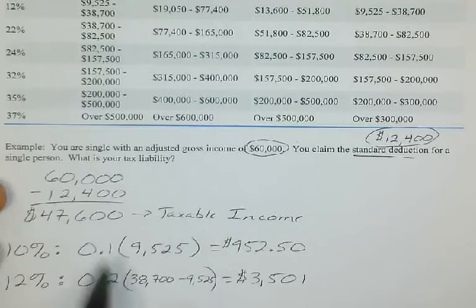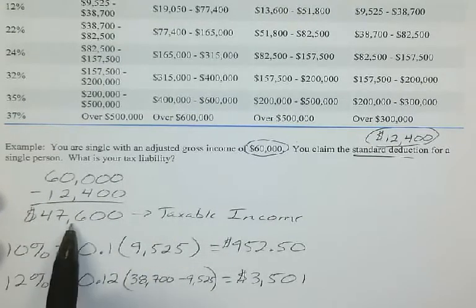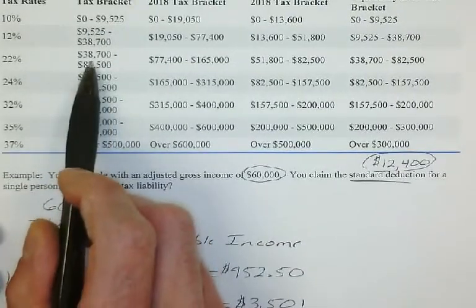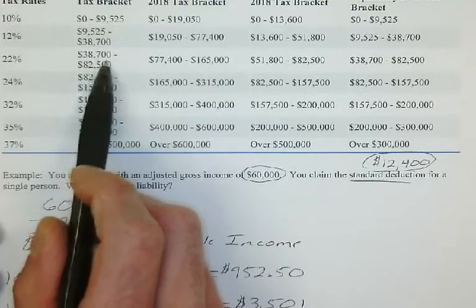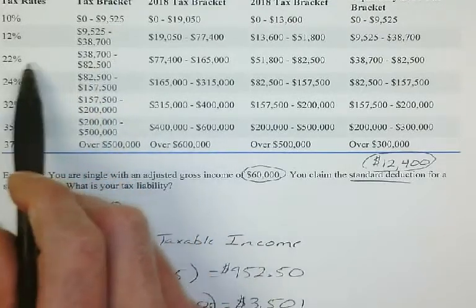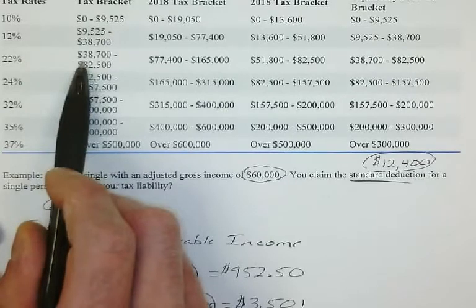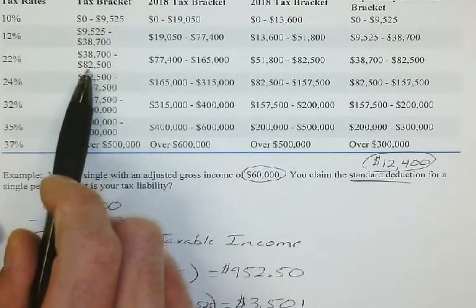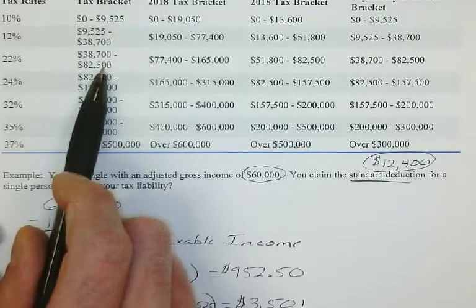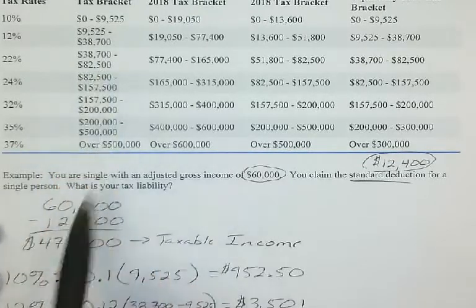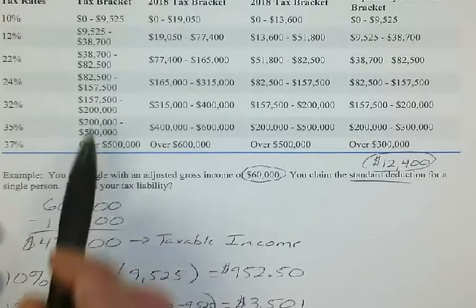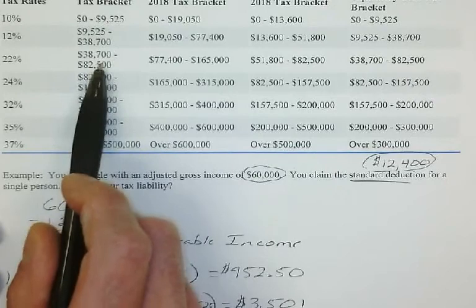Now we need to find where the final amount, 47,600, lies. It falls in the 22% bracket. Notice this interval goes from 38,700 to 82,500. This person only made 47,600 in taxable income, so they're capped off somewhere in here.